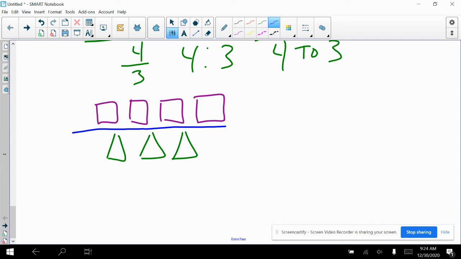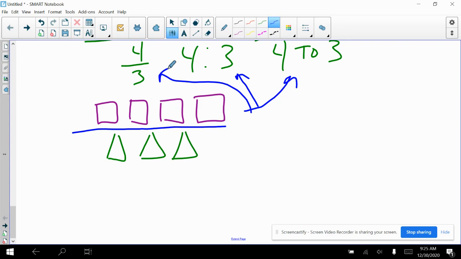So again, all of these would still apply, because sometimes they're not all in a horizontal line. Sometimes they're on top of one another. But the bottom line is you need to read the question carefully, and they will tell you what comes first and what comes second. Whatever you read first is first.